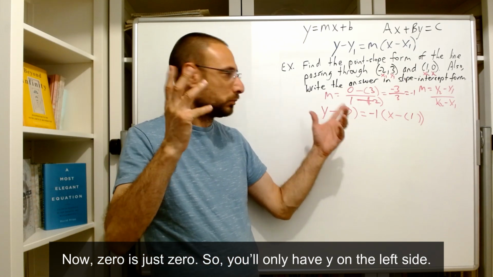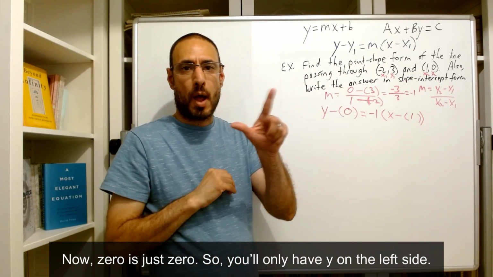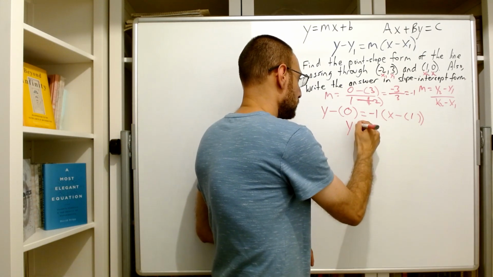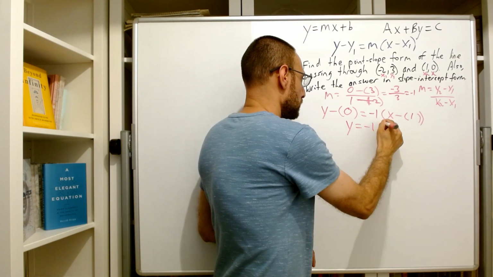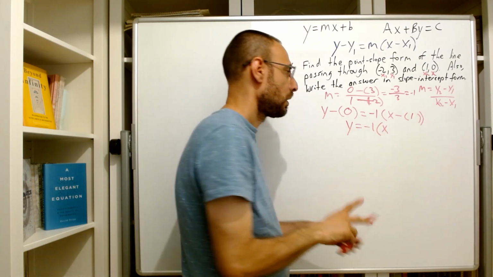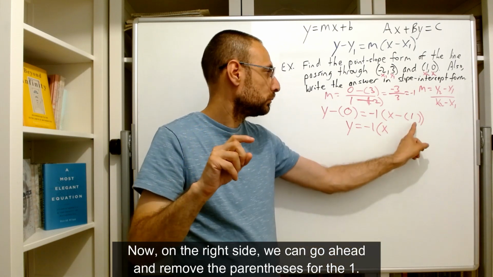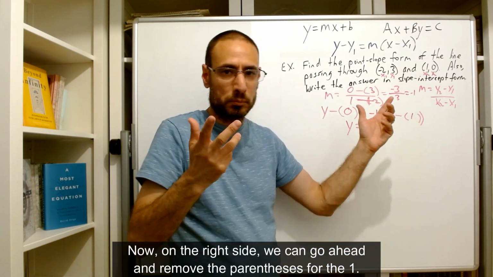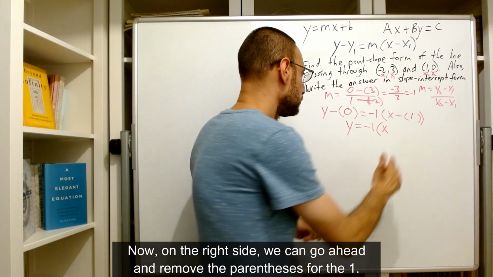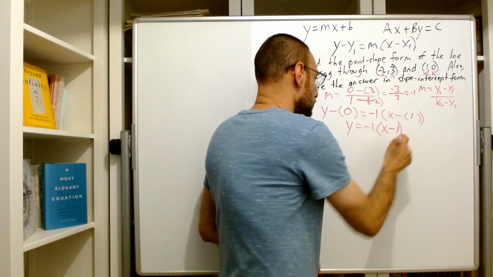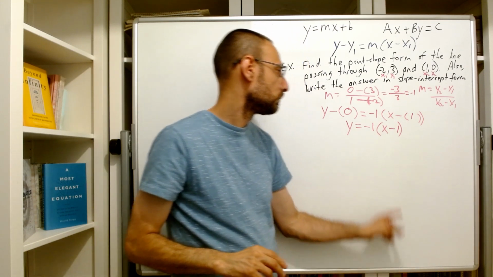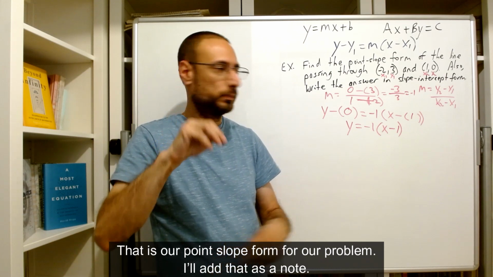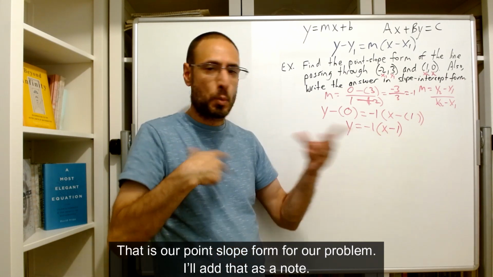So, you'll only have y on the left side. Now, on the right side, we can go ahead and remove the parentheses for the 1. That is our point-slope form for our problem. I'll add that as a note.